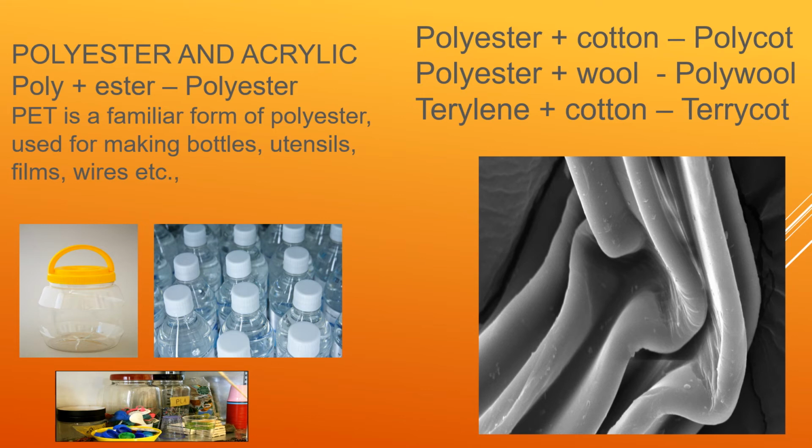You could have seen your mother always buys PET bottles and PET jars for storing rice and sugar. PET is a familiar form of polyester. It's used for making bottles, utensils, films, wires, and many other useful products.